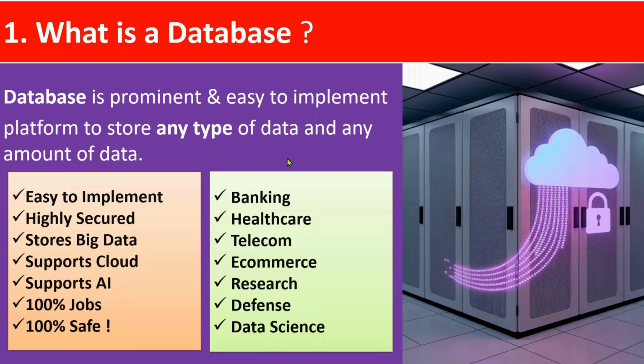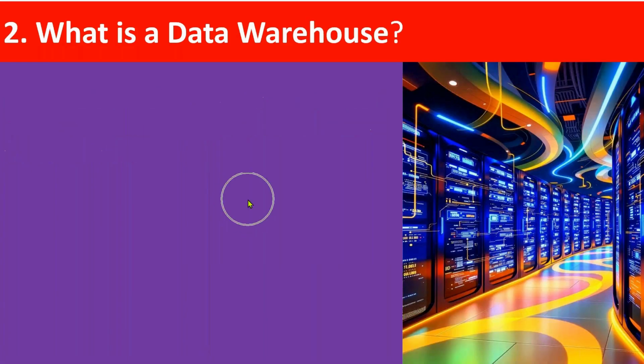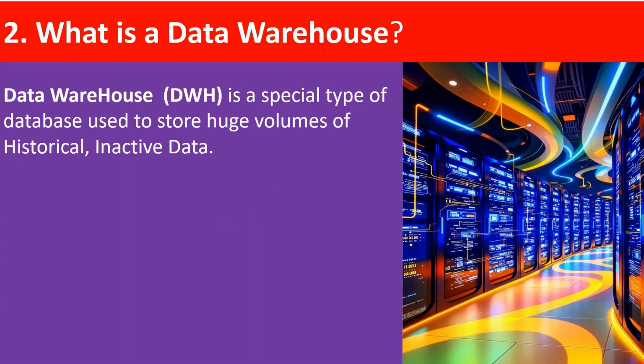Yes, this particular database platform is very common. And you know, there are different types of databases. One of them is data warehouse. This is mainly our actual course. Data warehouse, a special type of database to store huge volumes of historical inactive data.